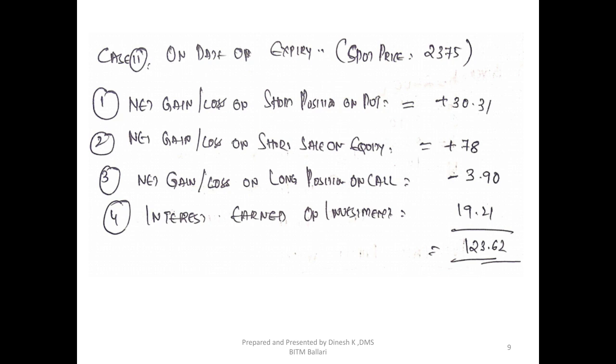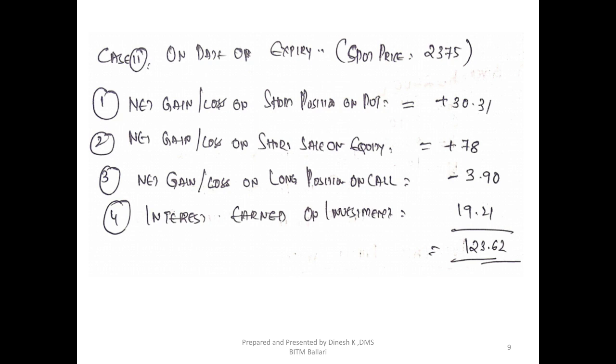Currently the market price is 2375. Still I will be able to make a gain here because the price in the market has decreased to 2375. So the gain that I'll be making is 78 rupees.